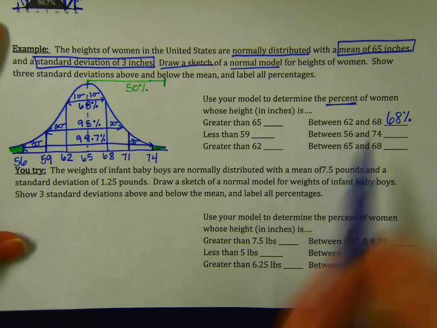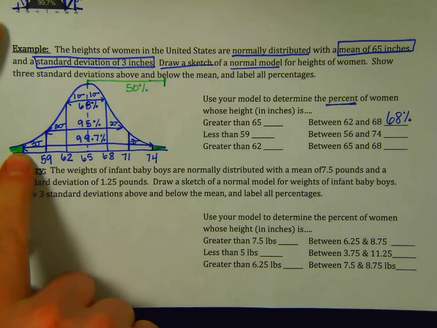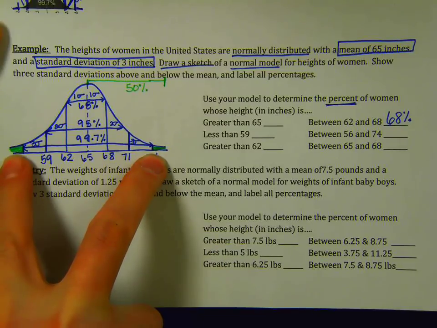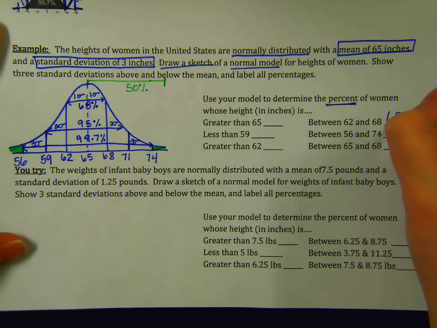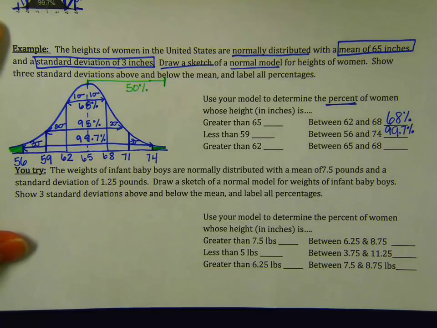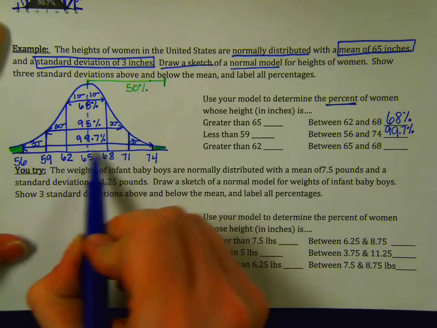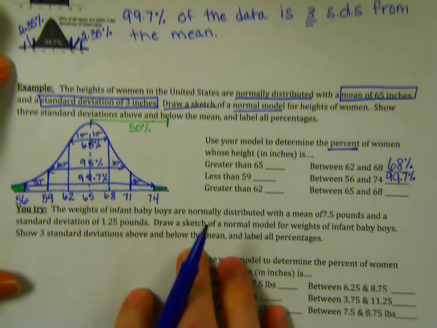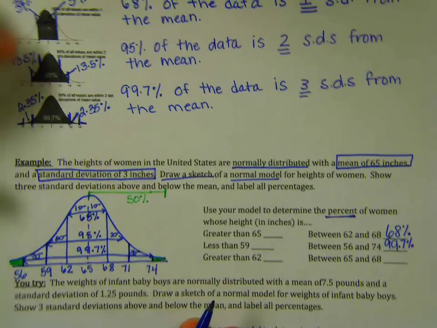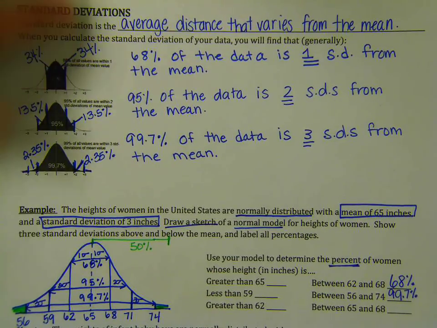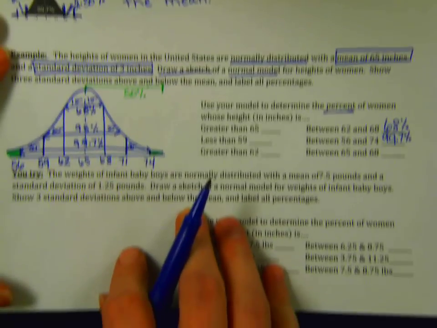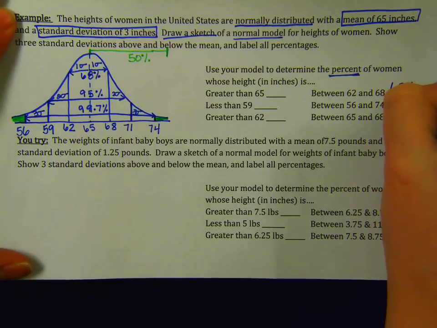Between 56 and 74, that's my 99%. Between 65 and 68, we wrote up top here that that section is half of 68, so 34%. So that's what I am going to put on that line right here.